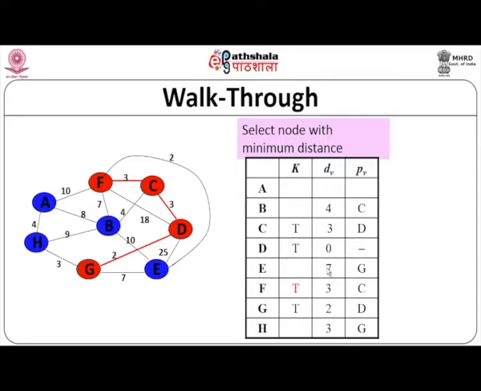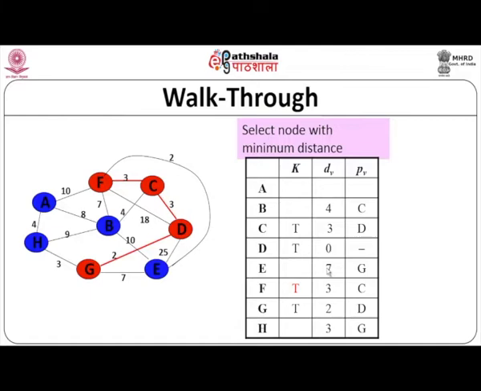Now, we have D, G, C and F collected in that order. How do we know the edges? We have D, G, then D, C and C, F. Okay. Now, we have to update from F. Now, F is connected to how many nodes?